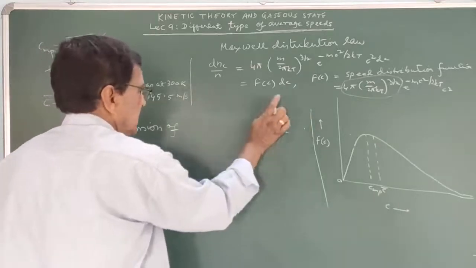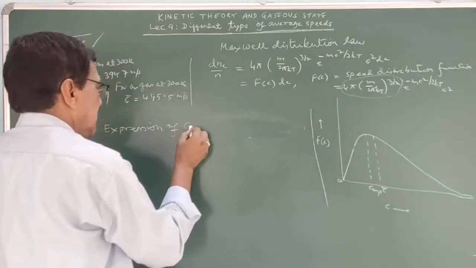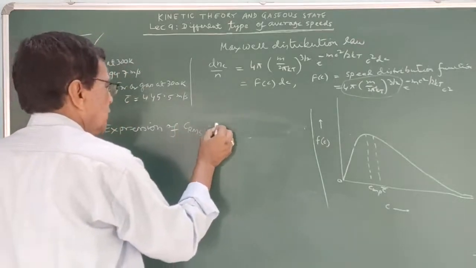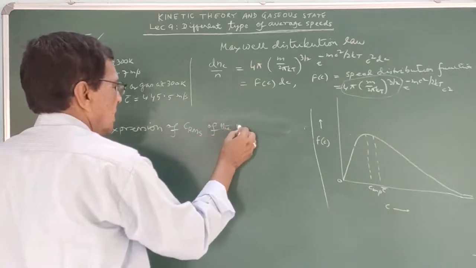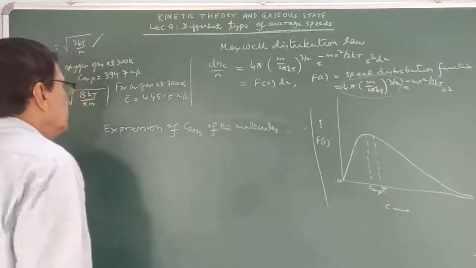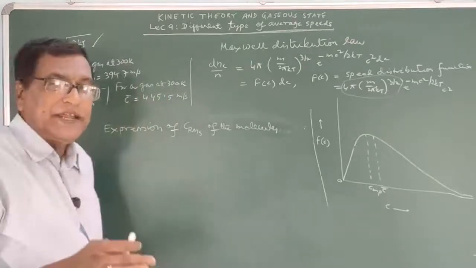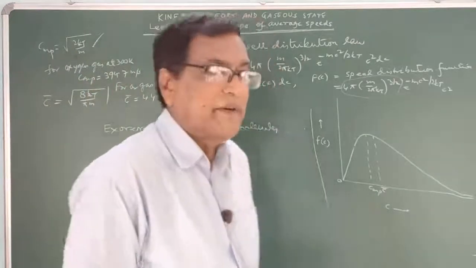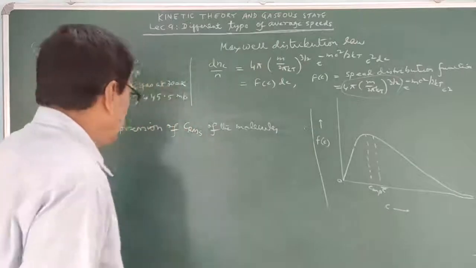RMS speed, you can write in short the C_RMS speed of the molecules. So from this distribution, again we can calculate this average, calculate this RMS speed.